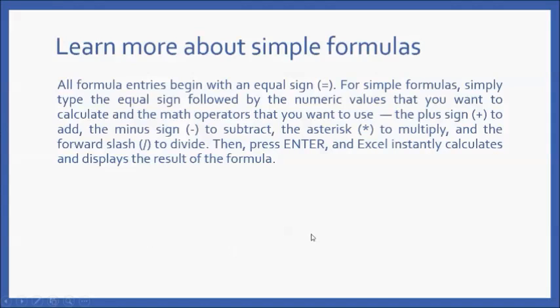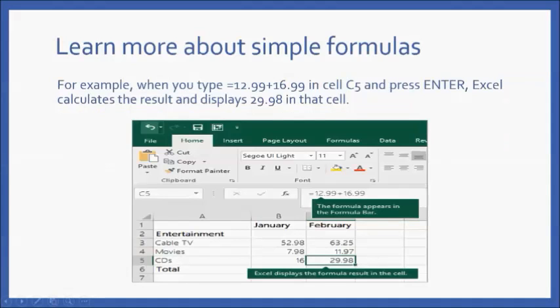Then press enter and Excel instantly calculates and displays the result of the formula. So for example, when you type =12.99+16.99 in cell C5 and press enter, Excel calculates the result and displays 29.98 in that cell.